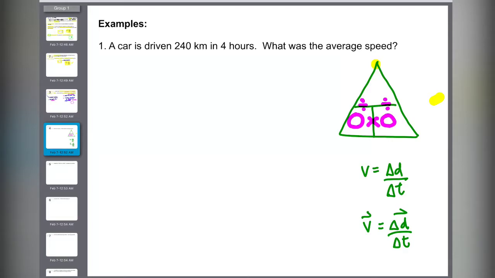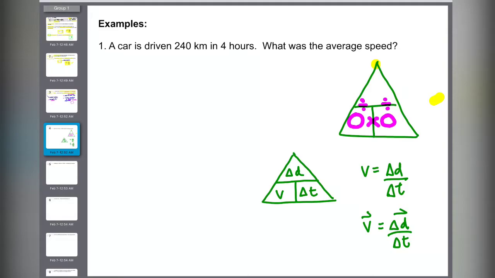That means d has to be at the top. Sometimes even when they don't give you a magic triangle, you can make up your own magic triangle if you understand what they mean. So I'm going to draw a magic triangle here again. I said v is d divided by t, so that means d has to be at the top and t has to be at the bottom, and that's leaving your v at the side.